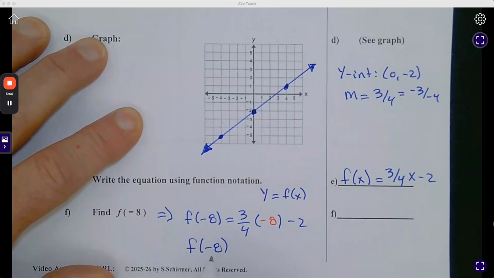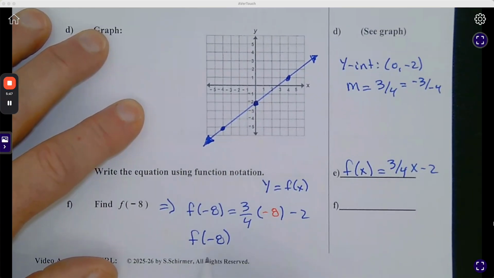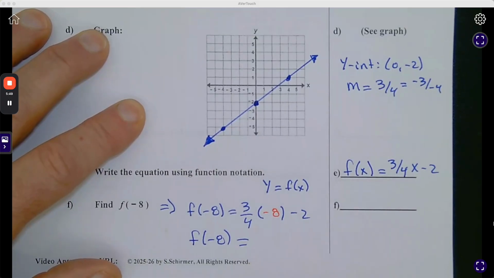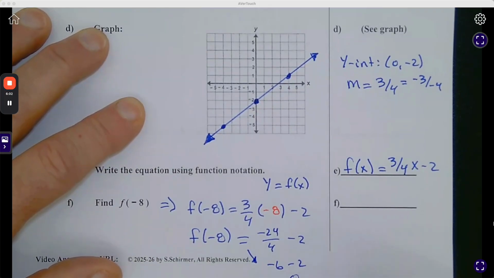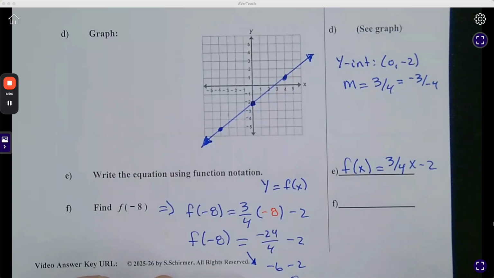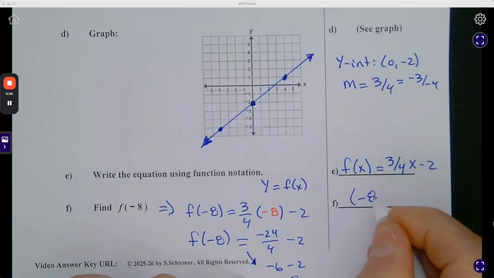I'm just evaluating the f function with an input of negative 8. And then I simplify the right-hand side. Multiply by the top, divide by the bottom. 3 times negative 8 is negative 24 divided by 4. That gives me negative 6 minus 2. That's negative 8. What? Negative 8, negative 8? All right, all right.